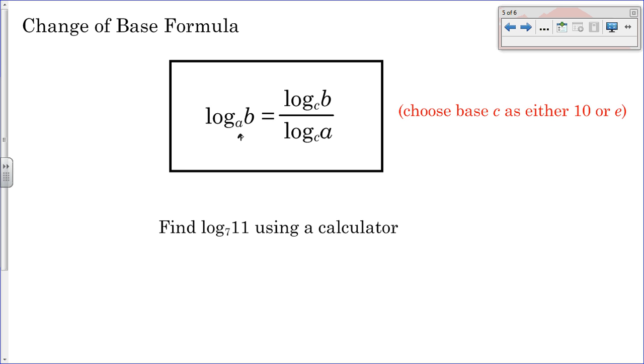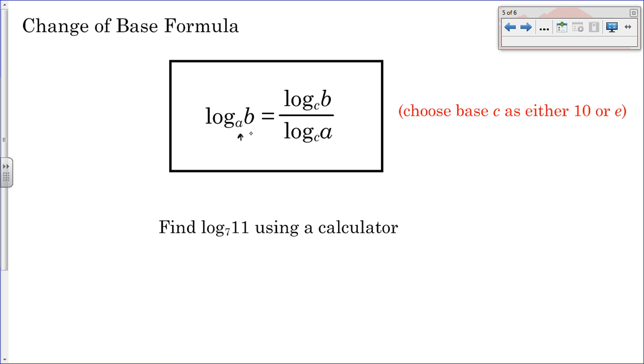But if A is some other number, what you're going to do is the log base C of B divided by the log base C of A.